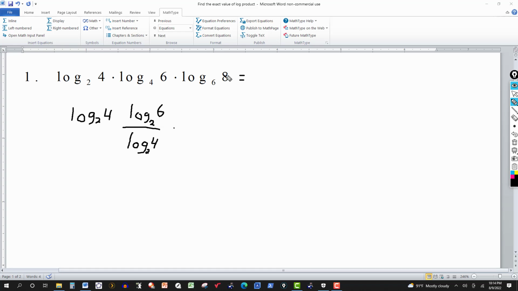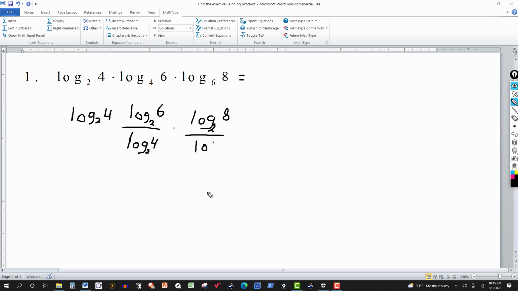And then the log of 8 to base 6, I'm going to change the base on that one, so this will be the log of 8, and I'm going to pick base 2 in this one.